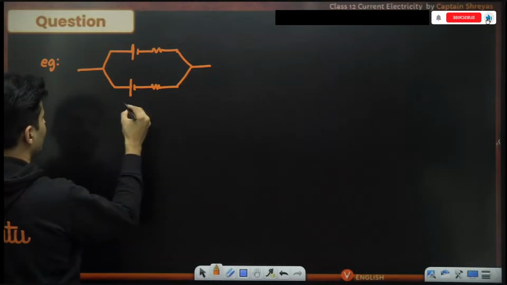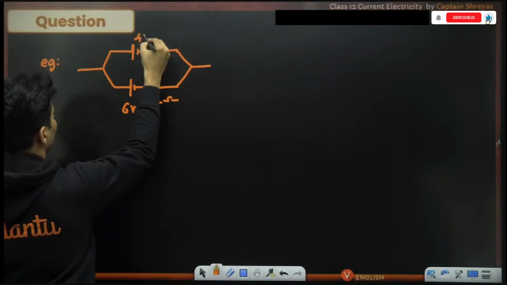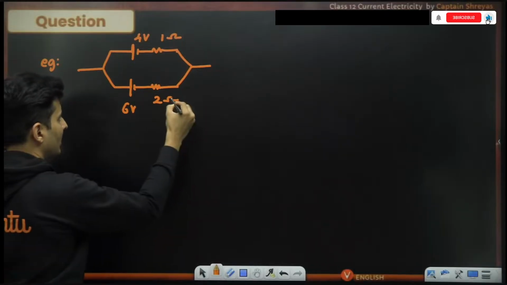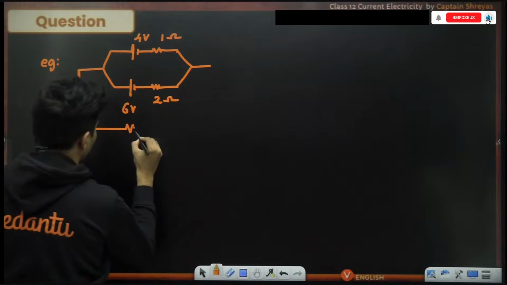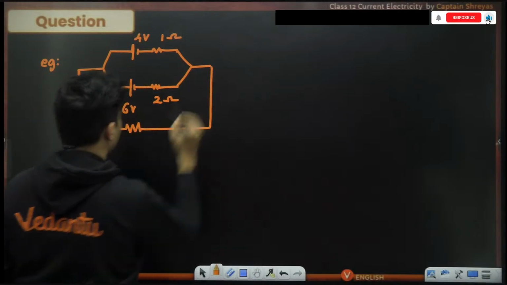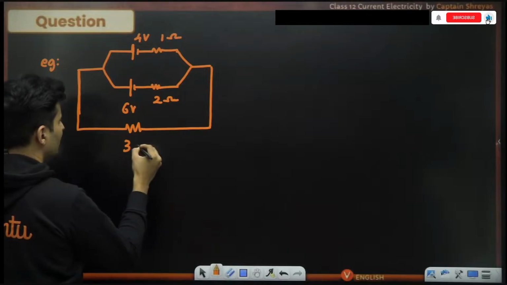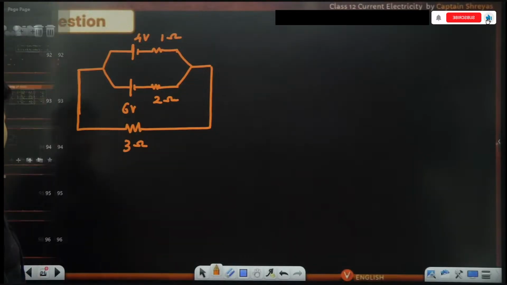This is, let's say, 6 volts, 2 ohm. Let's say this is 4 volts, 1 ohm. Can you convert this into a single battery? And what if this is connected to something over here, maybe of 3 ohms? Can you find the current in the circuit, etc.?